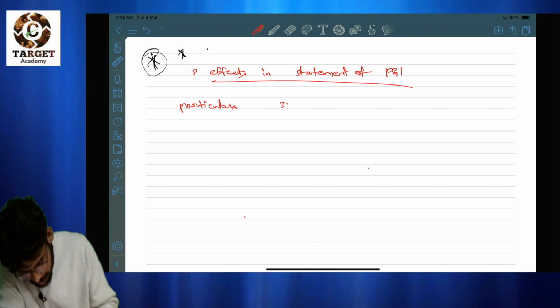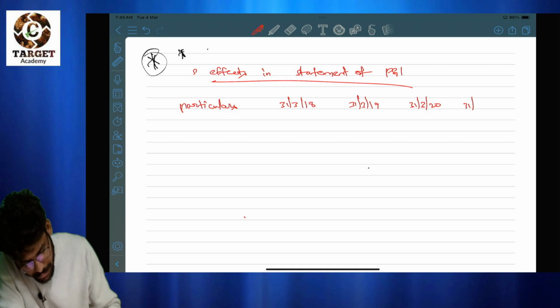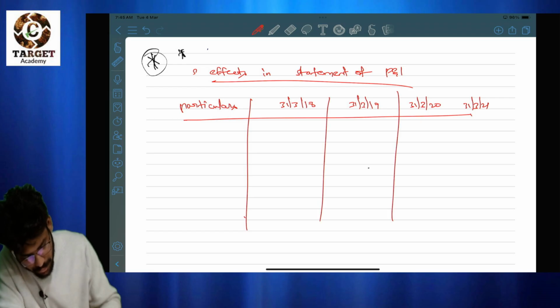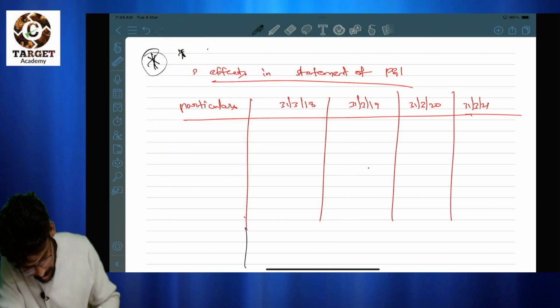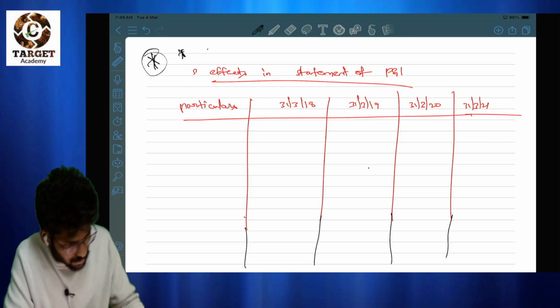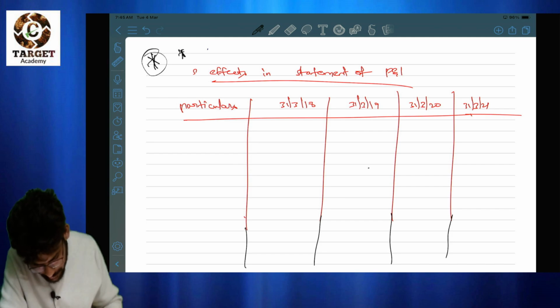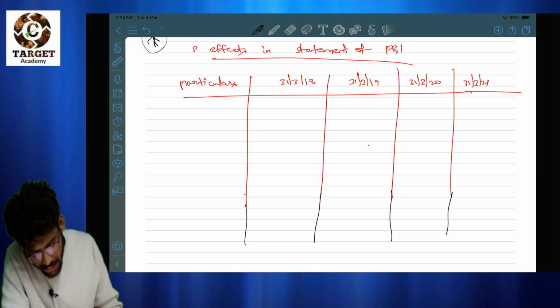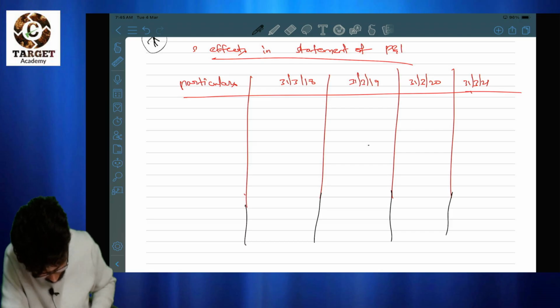Particulars: 31st March 18, 31st March 19, 31st March 20, 31st March 21. Okay, clear. Effect on statement of P&L. Please note down.